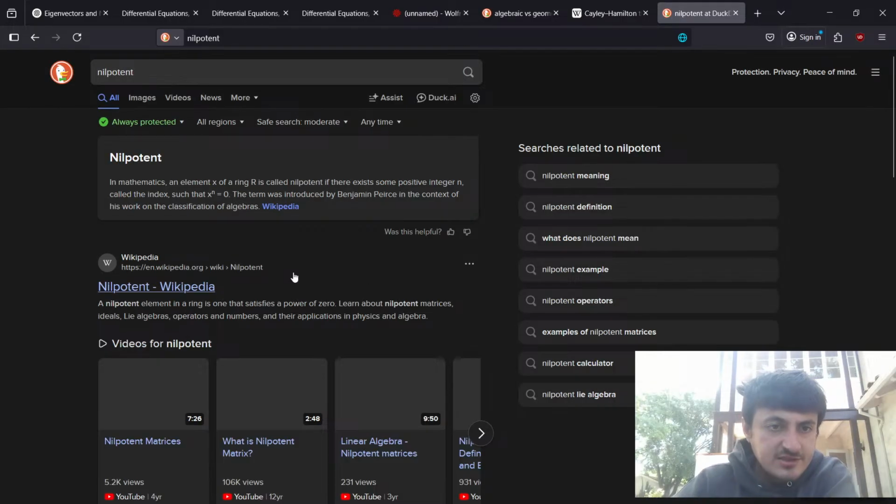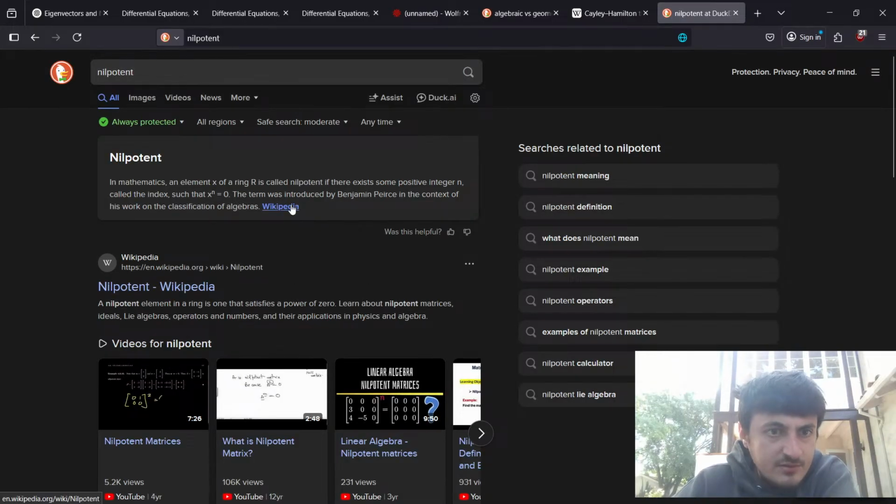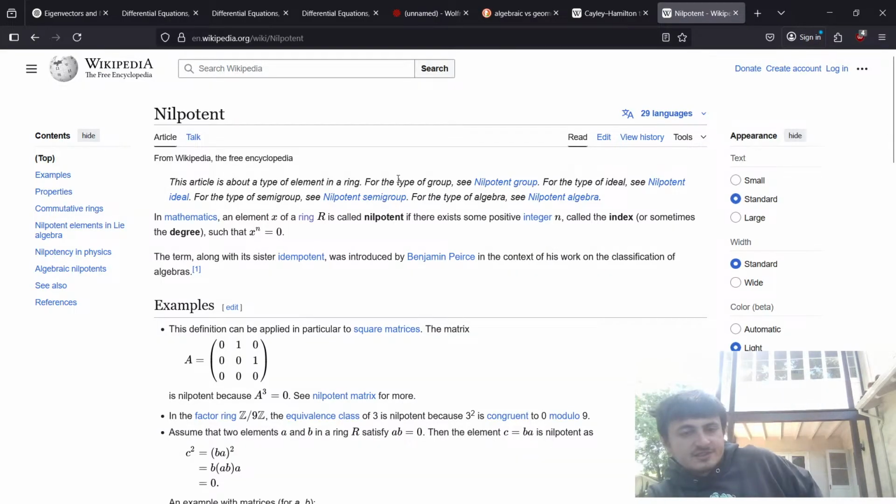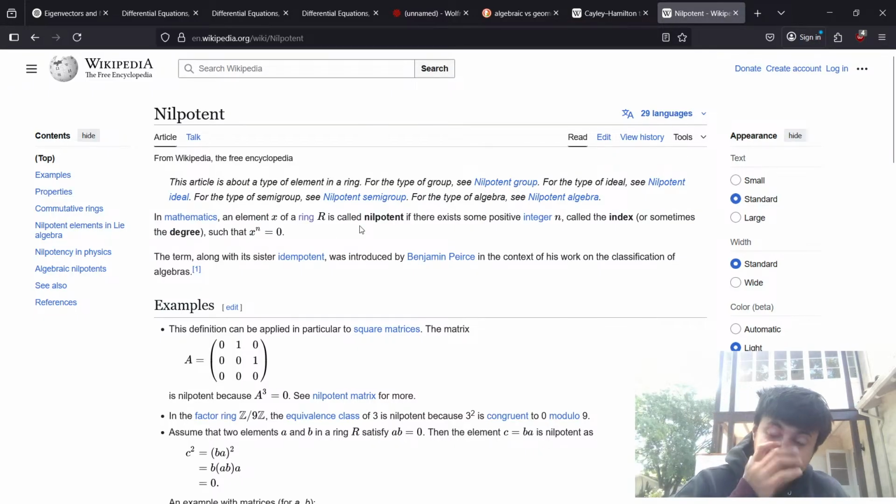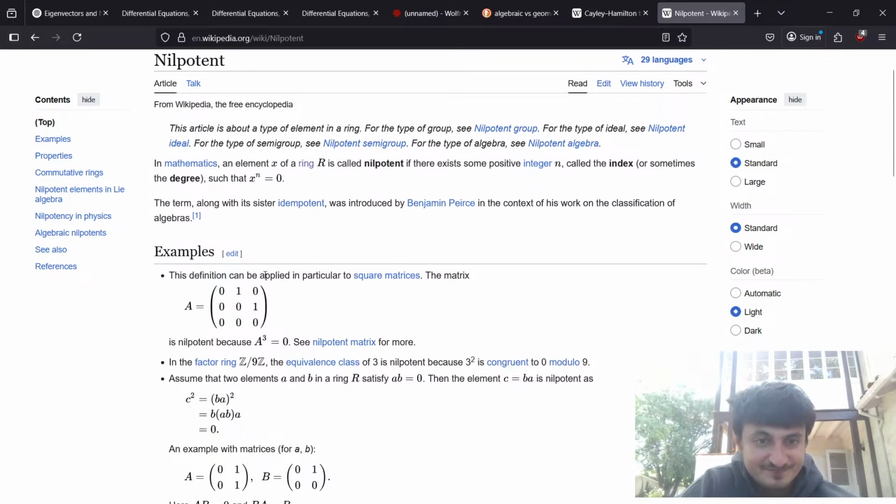It means that it has a non-zero null space or something? Oh no, nilpotent means, oh, interesting. Wait, that's so weird. Nilpotent means there exists a positive integer n called the index or the degree where x to the n equals 0. That's wild. I didn't know about that.